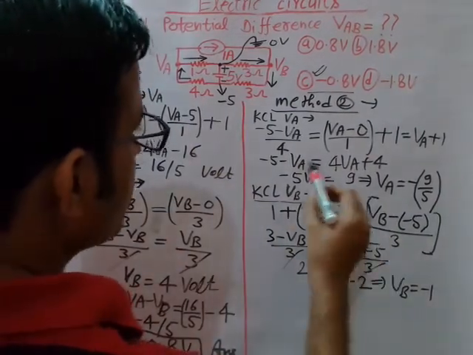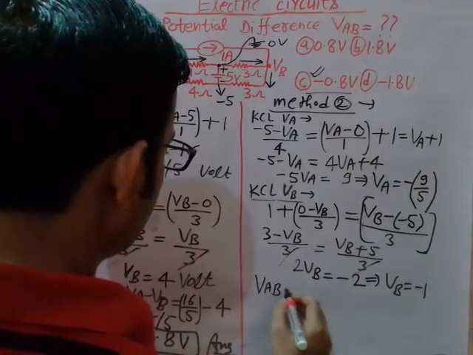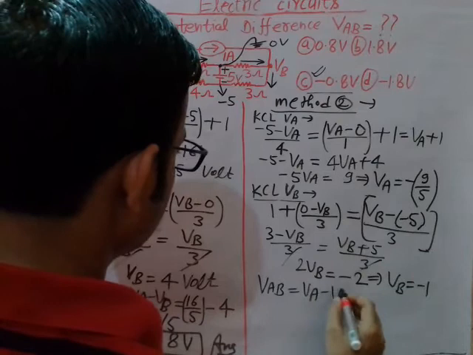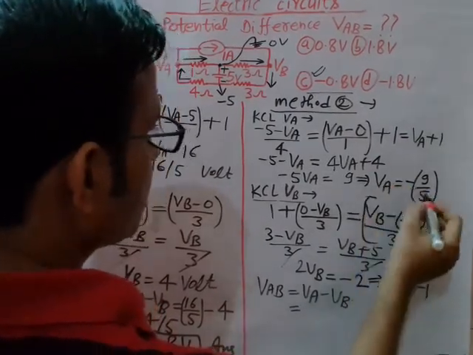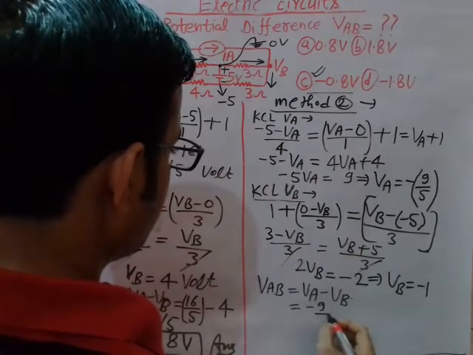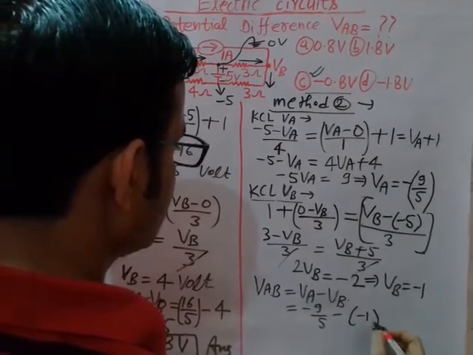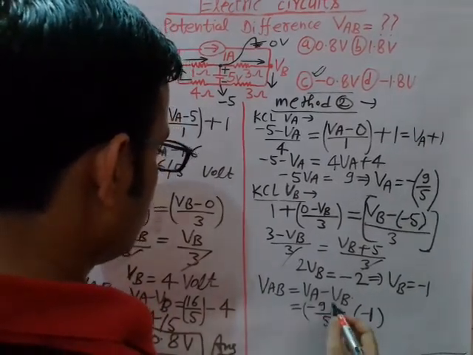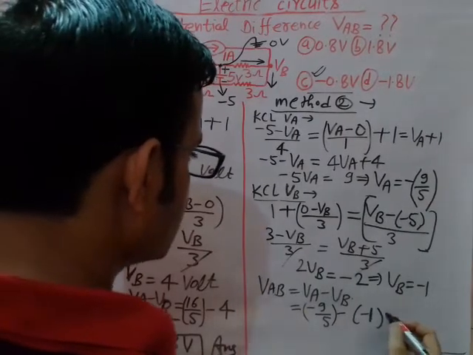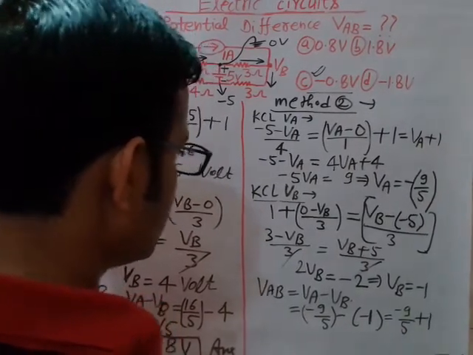So you have calculated both VA and VB now. So again you can write VAB is equal to VA minus VB. VA is minus 9 by 5, minus VB, which is minus 1 in this case, right? So when you solve this, you will get minus 9 by 5 plus 1.